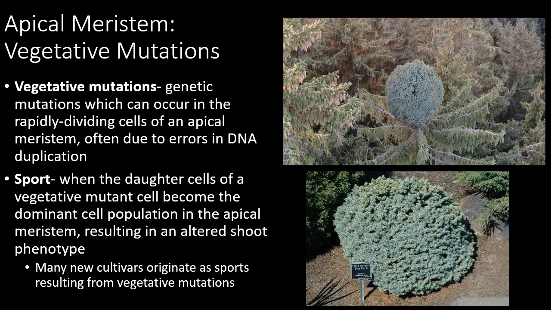They kind of took over, and from that point on, we only had dwarf stem growth rather than normal stem growth. And this is where we get our dwarf blue spruce cultivars that are popular landscape plants.